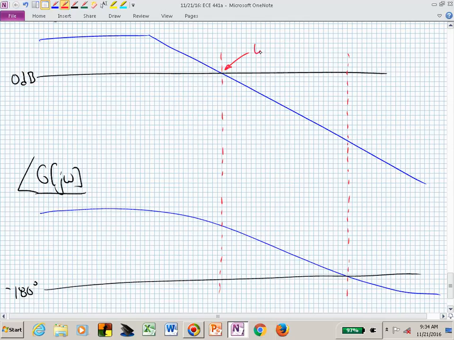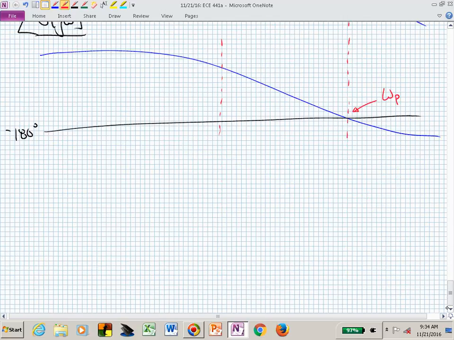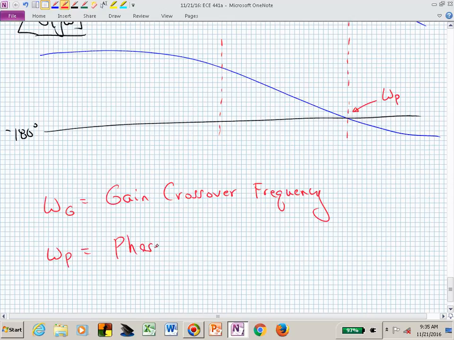This is our gain crossover. And this point is our phase crossover. So I'm going to say that omega sub g is called my gain crossover frequency, or just the gain crossover. And omega sub p is the phase crossover.